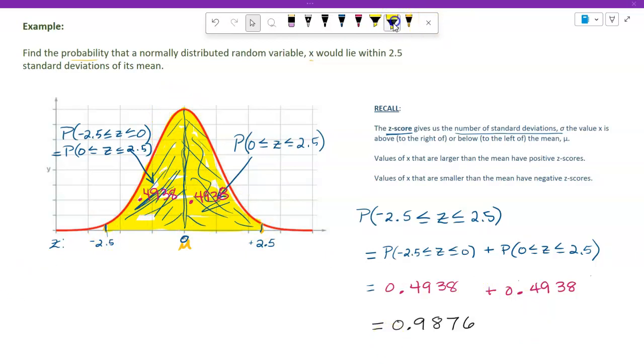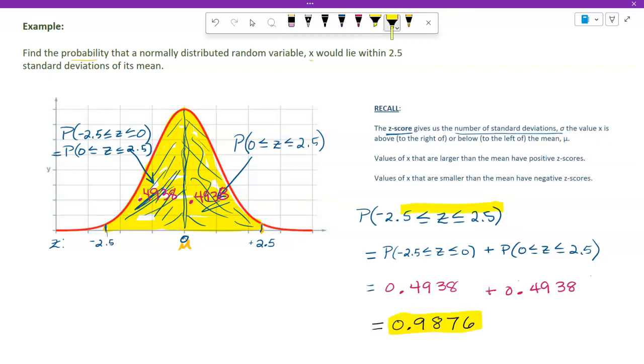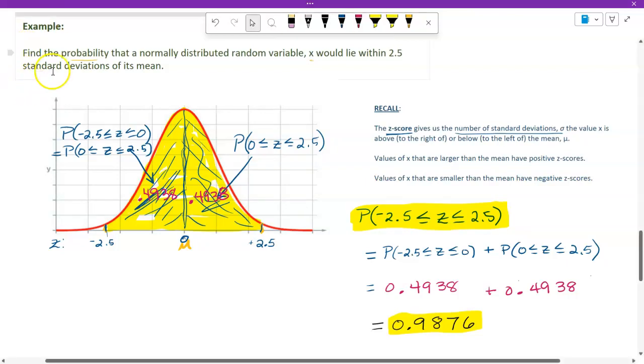You should have 0.9876 for our total area. And that is the probability that a random variable that's normally distributed would lie within 2.5 standard deviations of its mean.